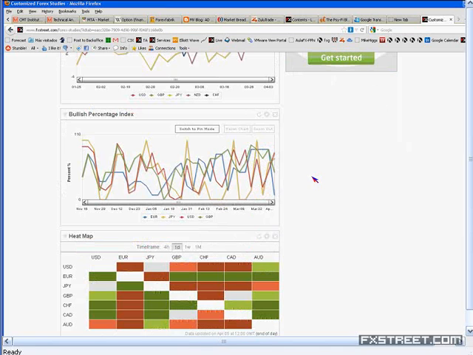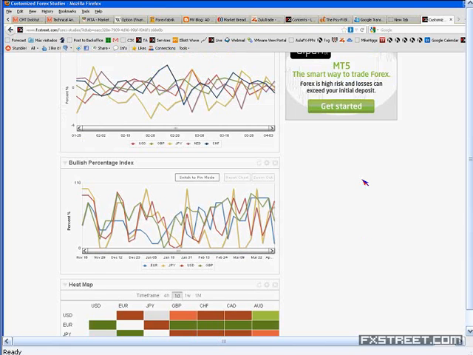The bullish percentage index is a tool that is usually known for stock traders. What it does is it calculates an index as well.